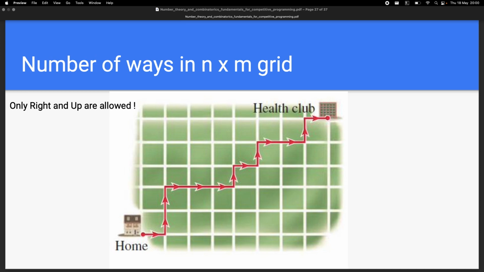So let's have the big N as n plus m, the total steps needed. That would be the Manhattan distance of home and health club. And we want m of these elements, these characters in a string, to be up, and all others would be right.